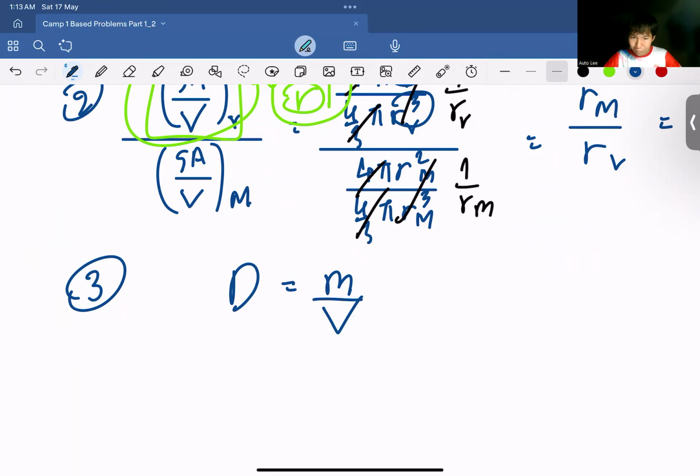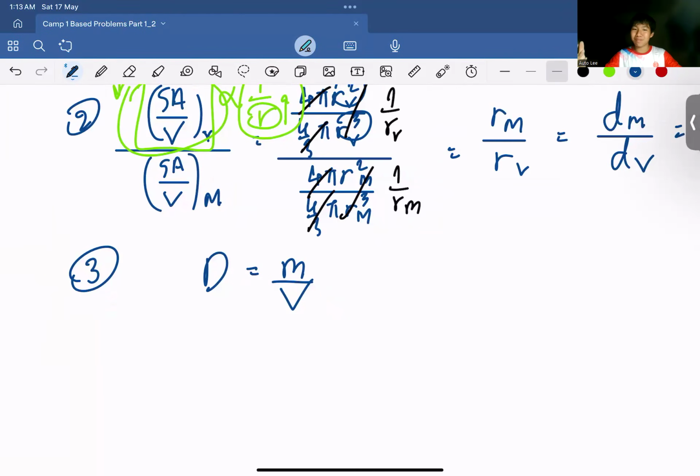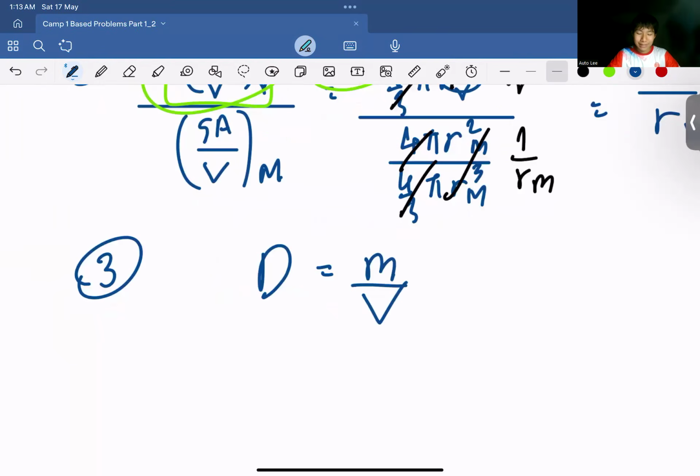Now, I guess we can assume that most of the time cells are homogeneous, even though they have a mixture of organelles in the cytosol.